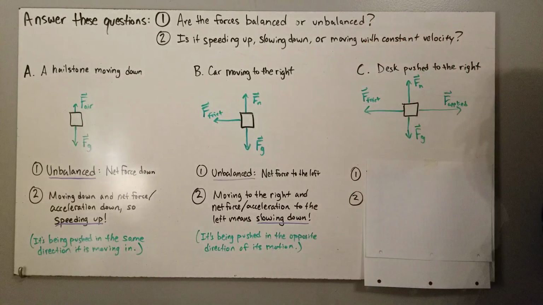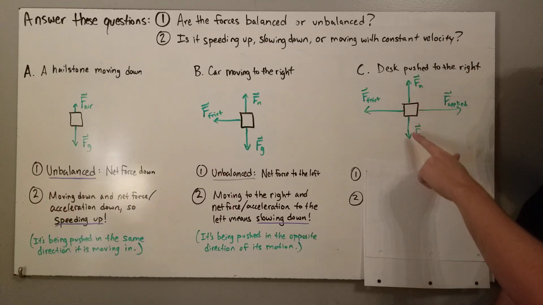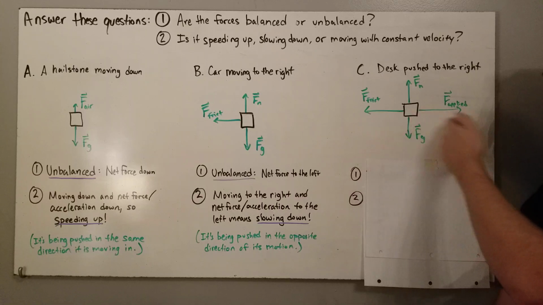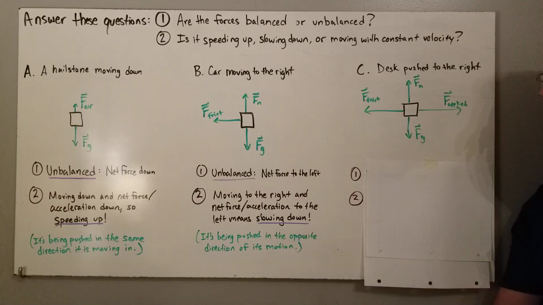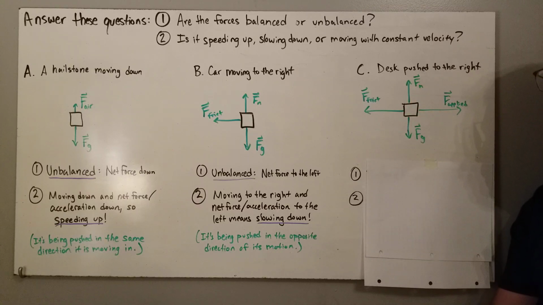All right, third example. So you have a desk being pushed to the right. In this case, we have, again, normal and gravity. Friction is acting against your push, and then your push is to the right. If you look at all these forces, it appears that the gravity and normal are equal, and the friction and applied are equal in magnitude.